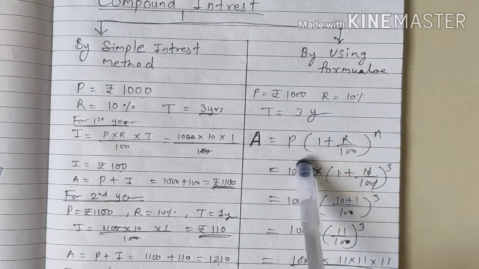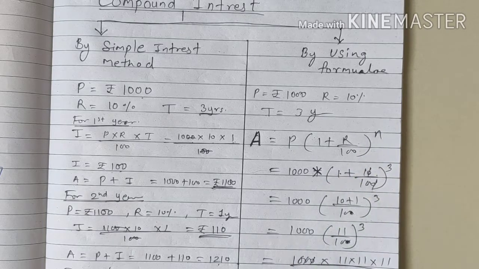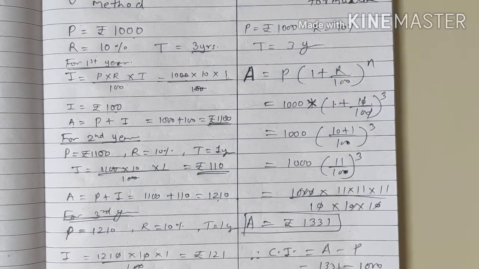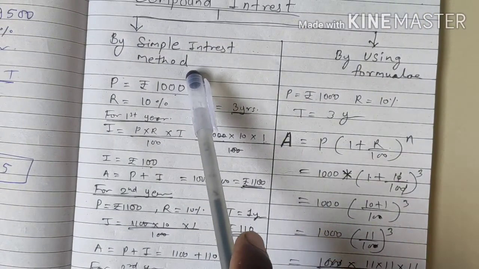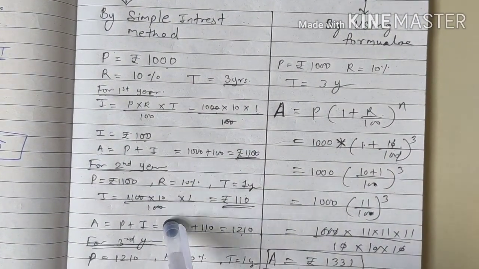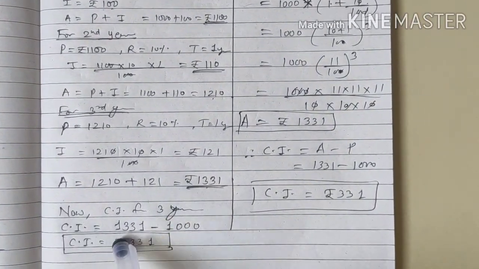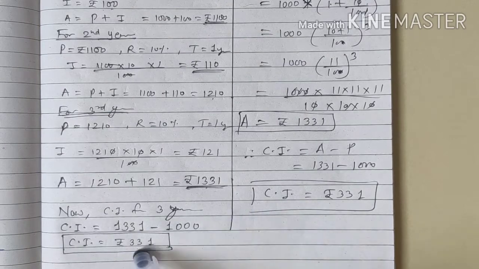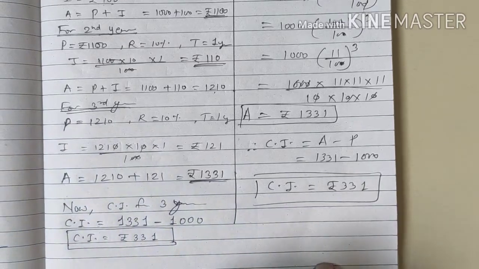In the formula method we directly calculate the amount for 3 years, and subtracting the principal from the amount gives us the compound interest. In the simple interest method we calculate the interest separately for the first, second and third year, and in both cases we got the same answer. Whenever questions are there in the exams, they will ask you to solve by using a particular method. So, understood?